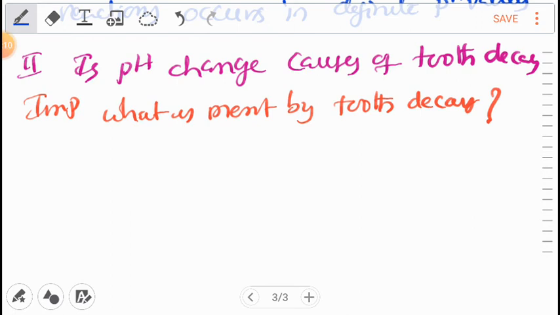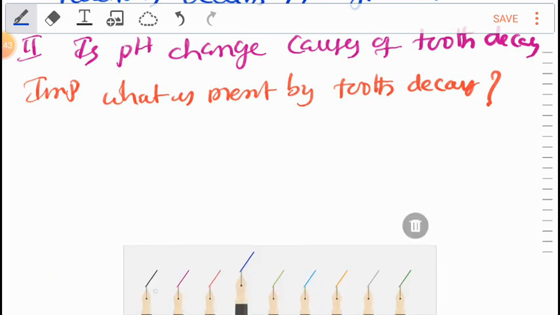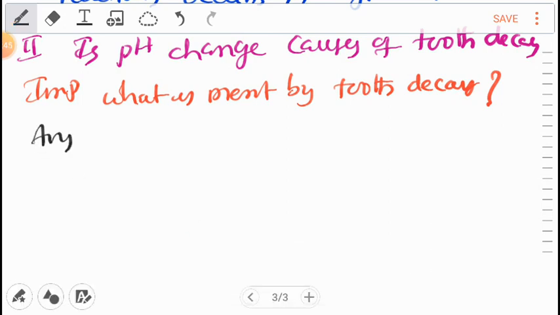So how does it change? Because of bacteria present in our mouth, they release harmful acids because food particles are present in our mouth. That's why tooth decay takes place. What is the best way to prevent this? We should clean the mouth after eating food. So we will write the notes and answer this question.